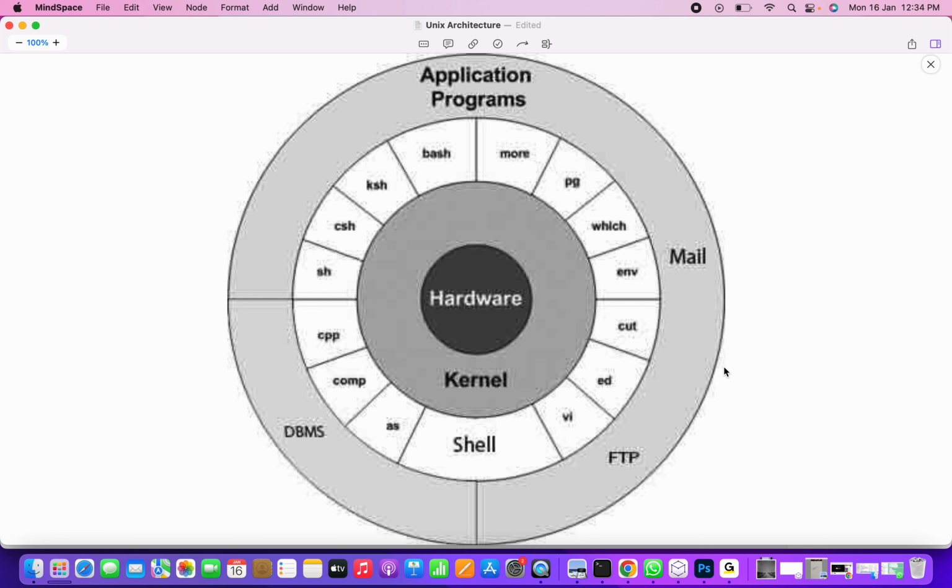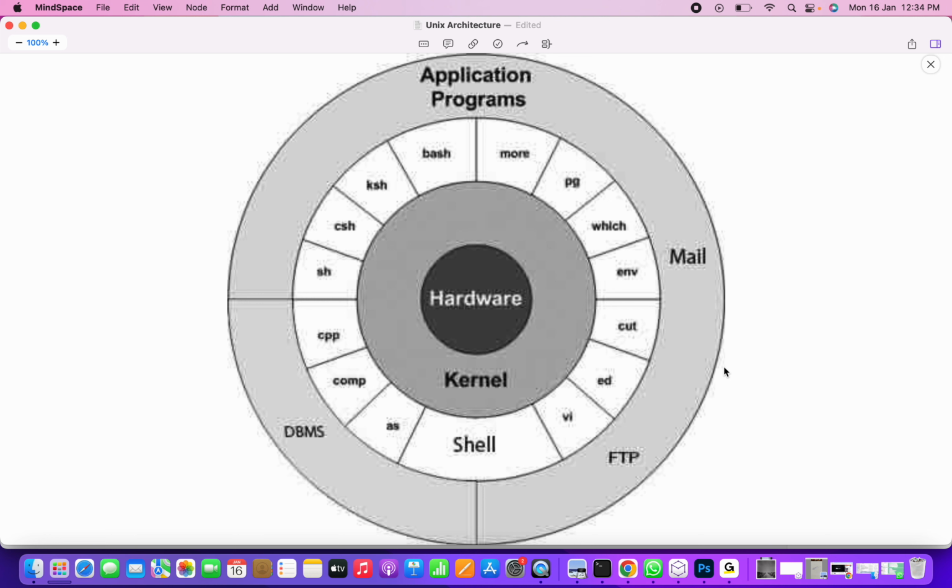You can see how closely the kernel and hardware are bound together. The kernel is the heart of the OS, or the Unix architecture, where it allocates memory for user-specific processes and, of course, for application processes. There are a lot of application programs, but for easy understanding: mailx is a function, sftp or ftp is file transfer protocol, and then we have DBMS.